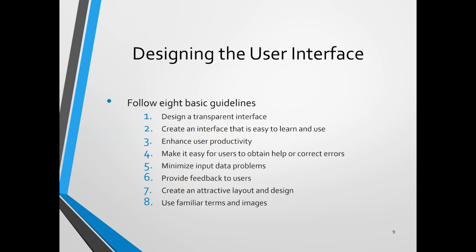So people try to find ways to minimize input data problems as much as they can. One good way is to use technologies like scanning barcodes, or touchless ways using radio frequency. For example, on many mobile phones right now we have near field communication technology, or NFC, to tap your mobile phone on the scanner.